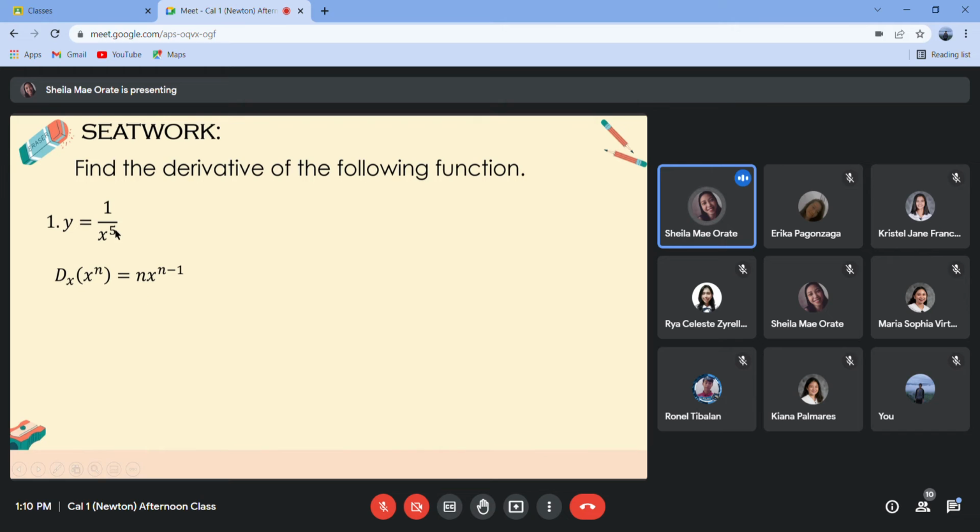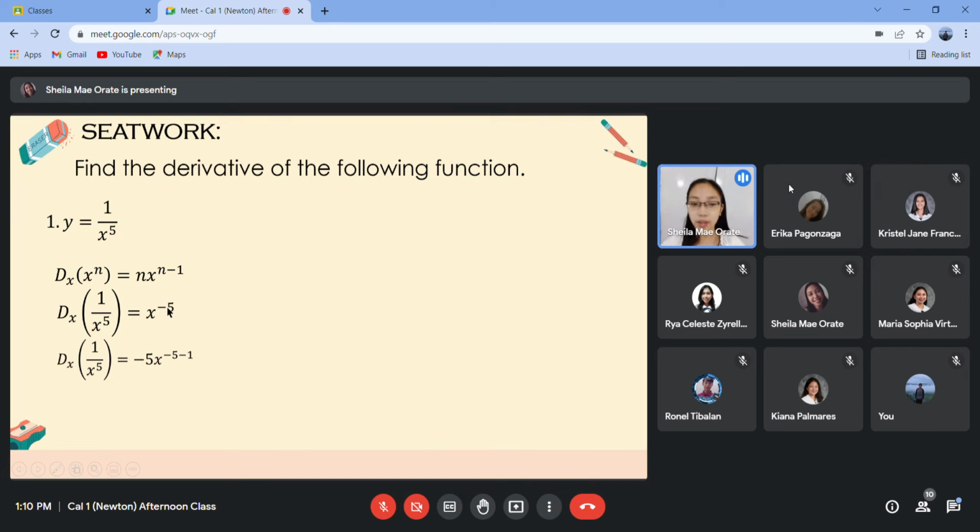Sige. The formula is the power rule. Since we have 1 over x raised to the power of 5 here, the variable with an exponent is in the denominator, so we transfer it to the numerator. So, we have now x raised to the power of negative 5. Then we use this function for our power rule.